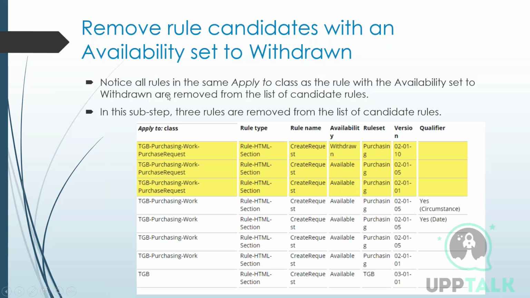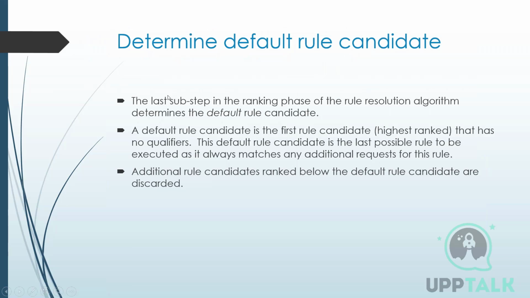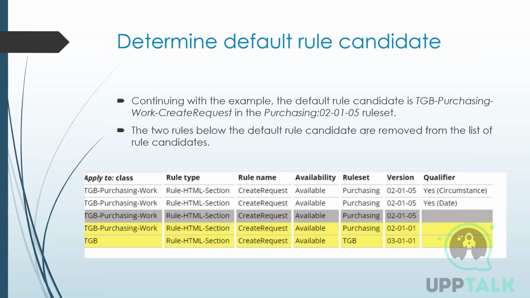Fine. So the last step is determining the default rule candidate. Now, what is the default rule candidate? In the given sorted order, the system checks, is there any rule candidate without any qualifier? I mean, no circumstancing, nothing.